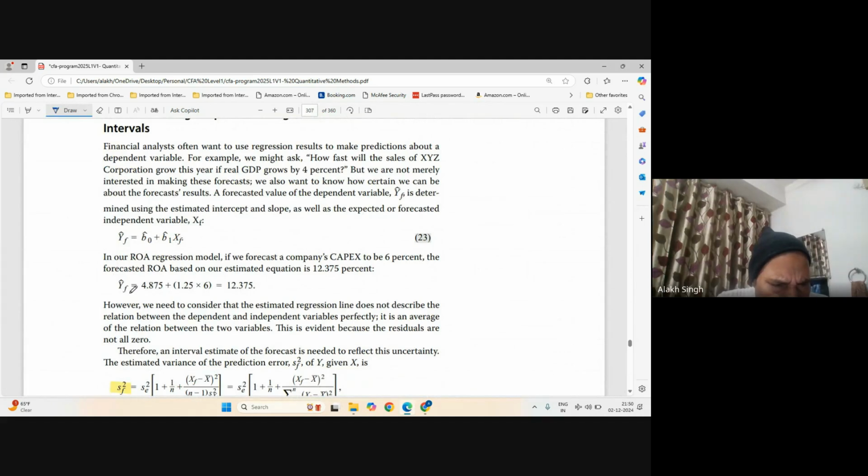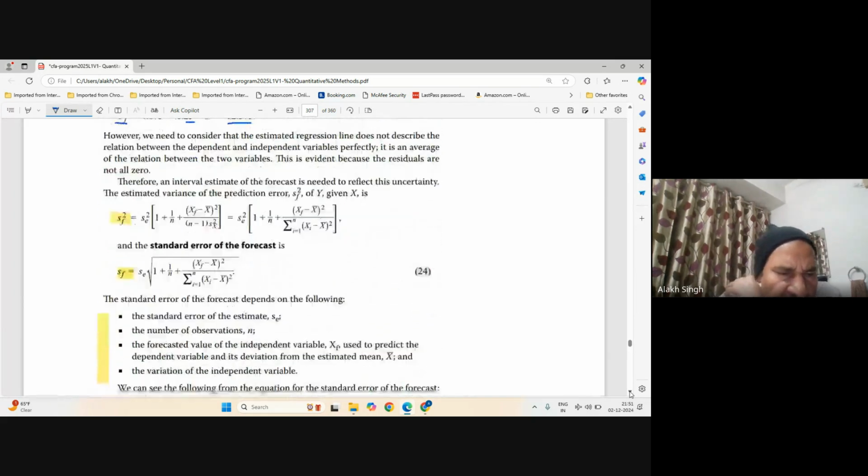This is how we predict, and this one is the point prediction. But then we can make an interval prediction, where we use our standard error. So we will have this 1.6 plus minus 1.96 standard error for 95% confidence level.